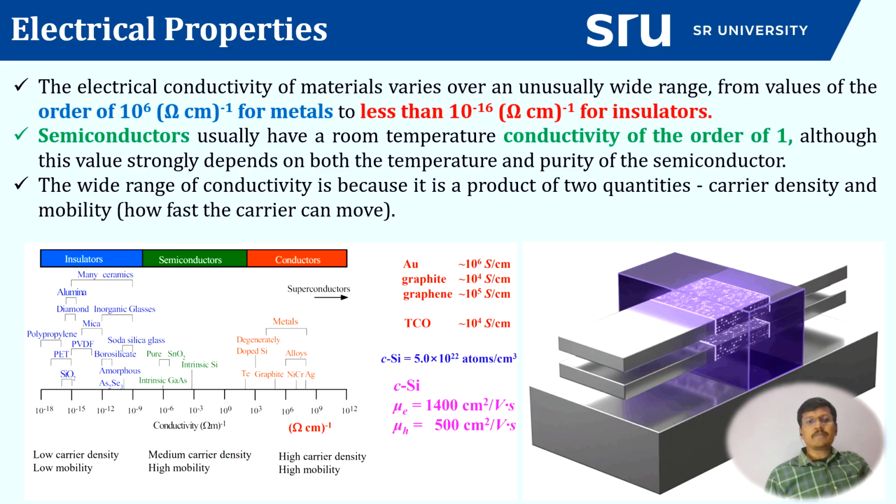Let us say, if you take a conductor, the conductivity is on the order of 10 power 6 ohm per centimeter. In the same case, if you take an insulator, it is less than 10 power minus 16 ohm per centimeter.